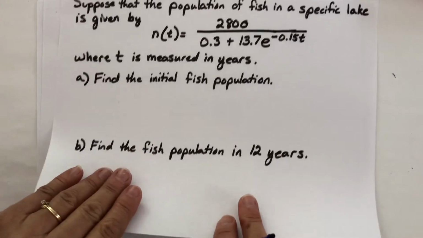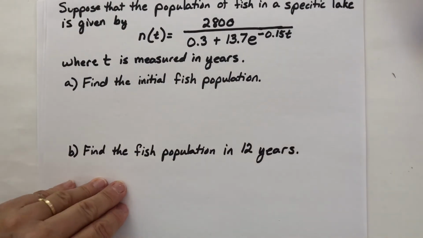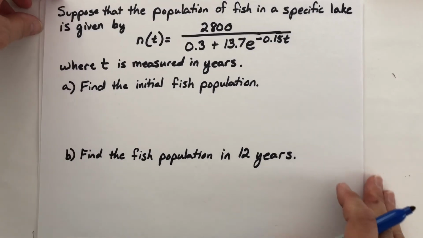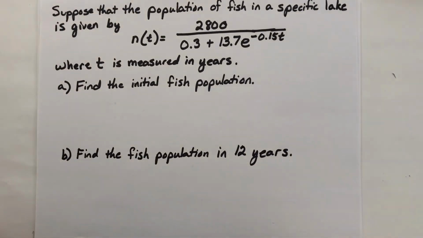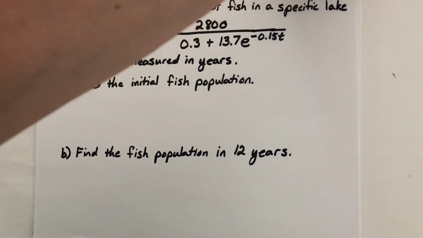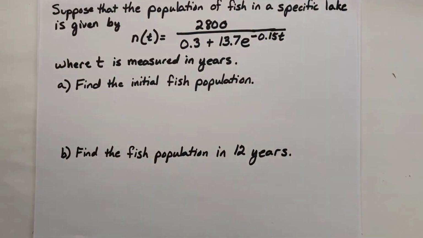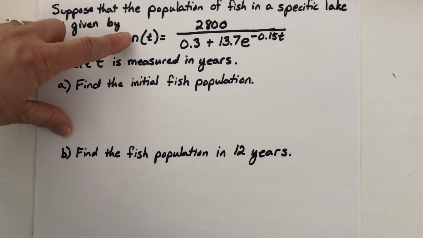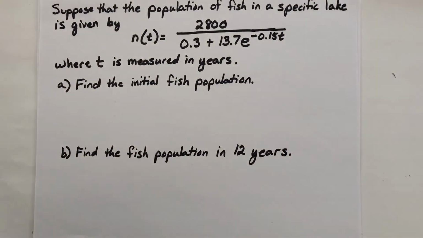This one looks a little bit different. Suppose that the population of fish in a specific lake is given by this equation, whereas the previous problems sort of have unrestricted growth or decay. This one does not. If you throw fish in a lake, they can't just grow forever. They're constrained by their environment.